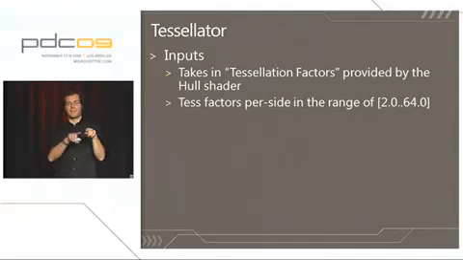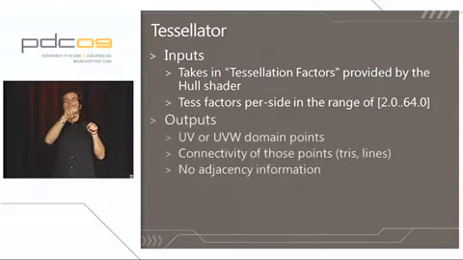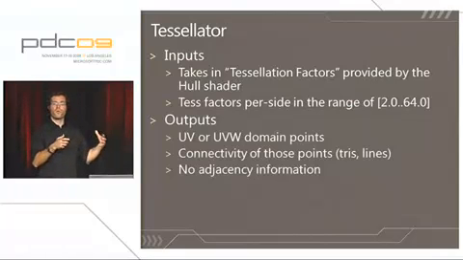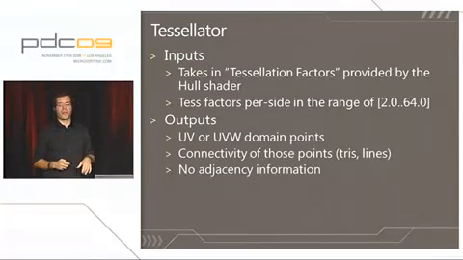Essentially, we call this UV space, from 0 to 1 and 0 to 1 for a quad patch. And it computes each of the values for the vertices for that. It has no concept of what the control points might do, but it does provide the actual data for what the patch should be broken up into.